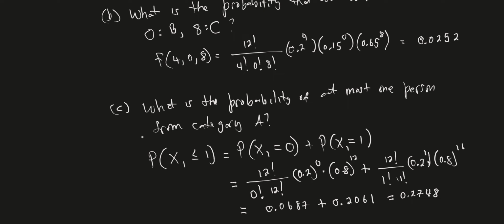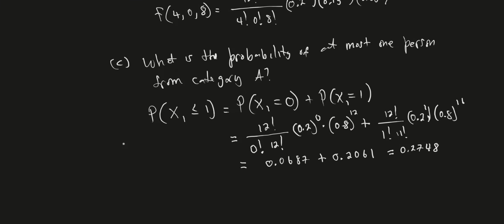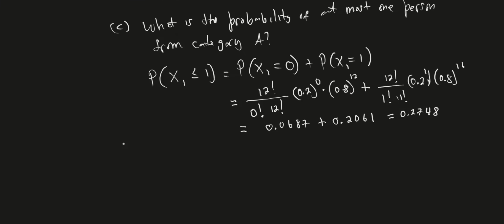Now, let's wrap this up by stating the formulas for expected values and variances. Since there are multiple random variables, the number of occurrences for event 1, the number of occurrences for event 2, they each have their own separate mean and variance.